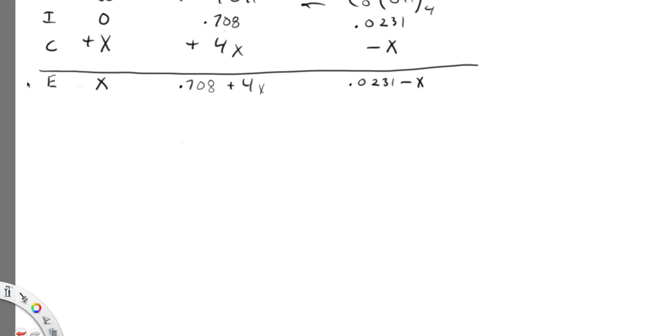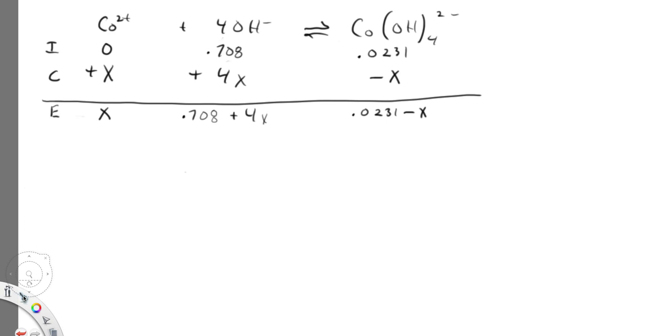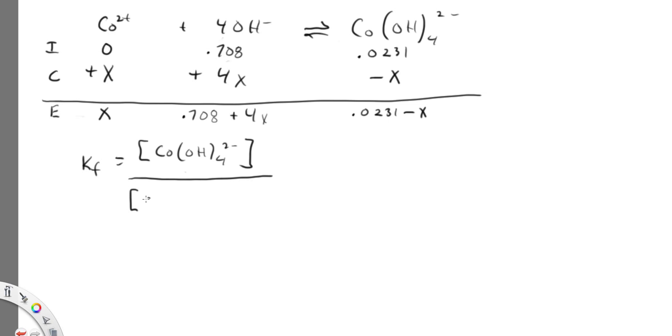So let's move this up now. And we're going to set up our Kf expression. That's going to be the concentration of our complex ion over cobalt-2 and hydroxide.